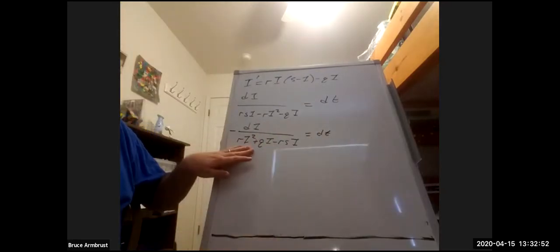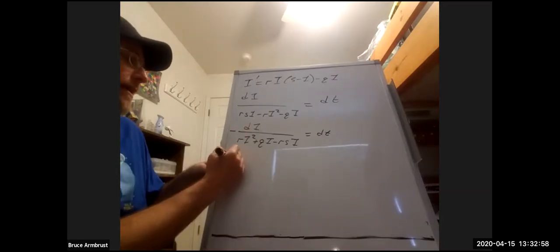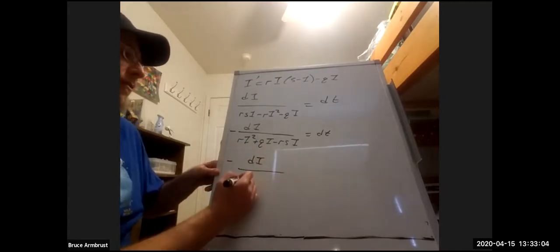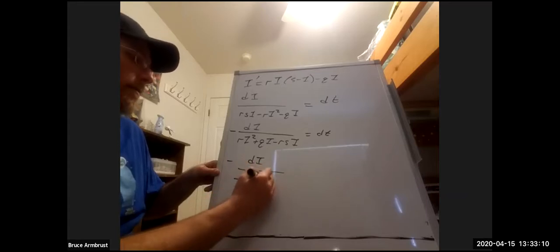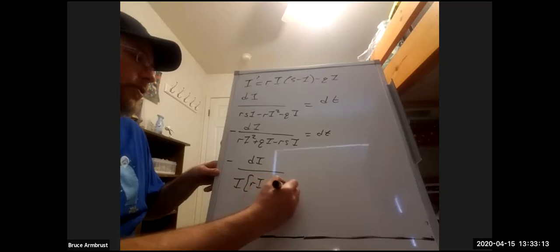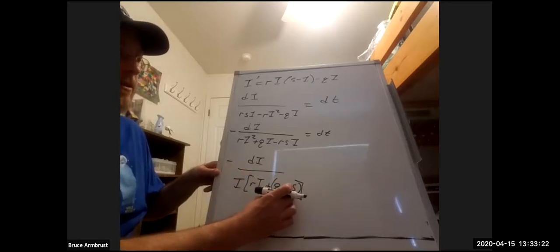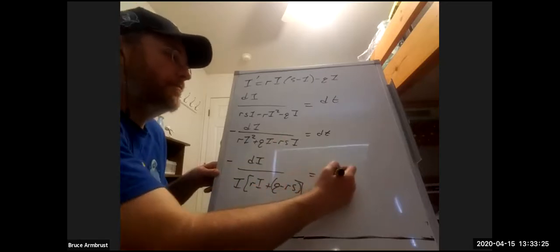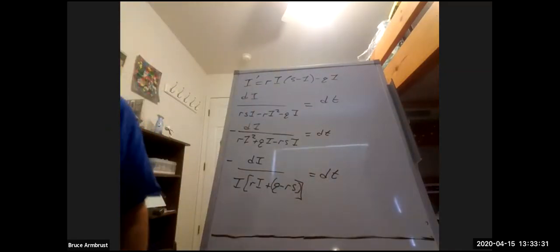And so what we need to do with this is try to factor and do partial fractions, but I can pull out an I. So I'm going to get minus dI over I times (rI plus q minus rs). I'm putting those in parentheses just because I want to highlight the fact that these things both came from that I term. All right, any questions on the algebra so far? That's all we're doing right now.